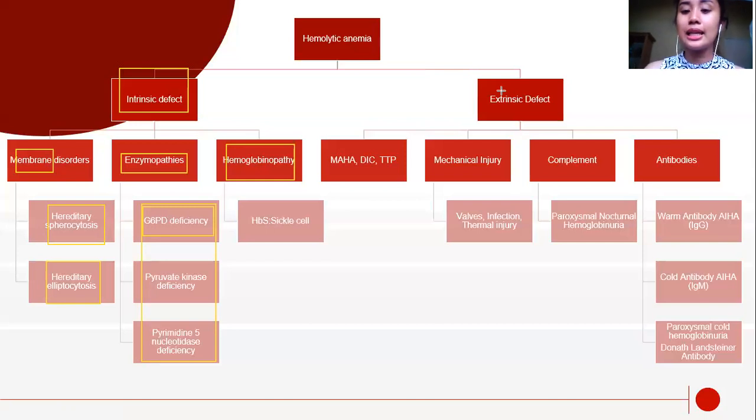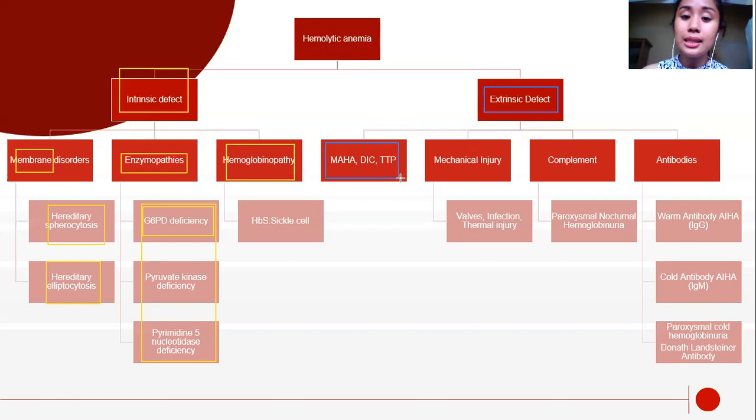Okay, next, extrinsic defect, or extracorpuscular defect. So the reasons for this are not due to your red blood cell, but other reasons. Dito muna tayo sa MAHA, DIC, and TTP.